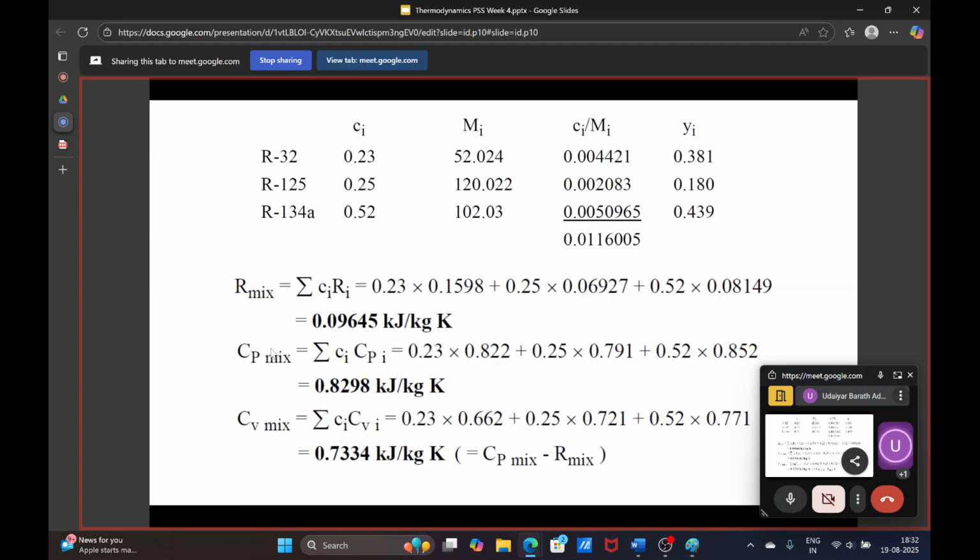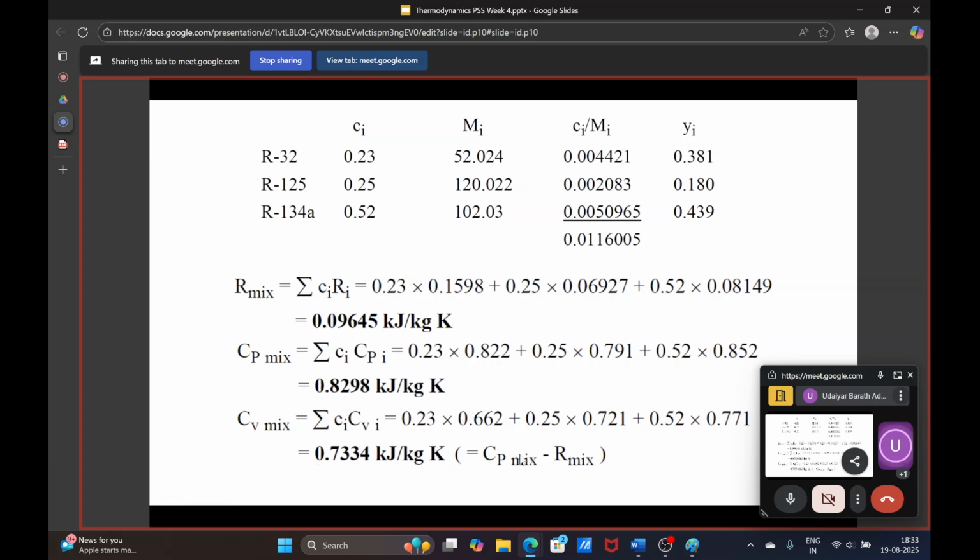So based on units, you need to be careful which fractions to use. If it is per kg, mass fraction; per kilomole, mole fraction. Doing the summation of Ci into Cpi, we get Cp as 0.8298 kilojoule per kg Kelvin, and Cv, as a summation of mass fraction into individual gas specific heats, gives you 0.7334.